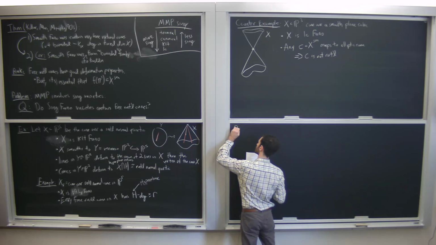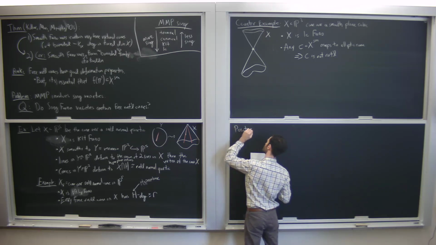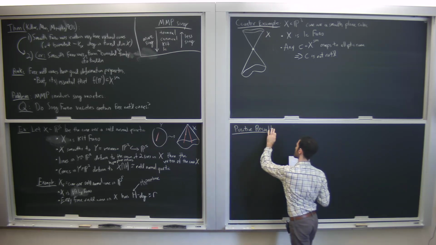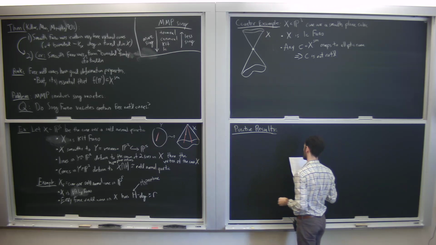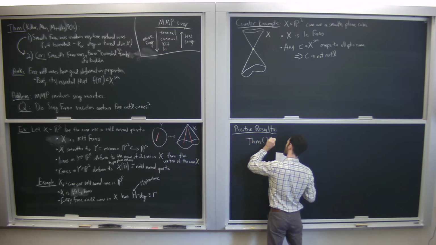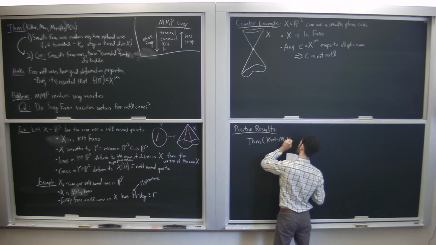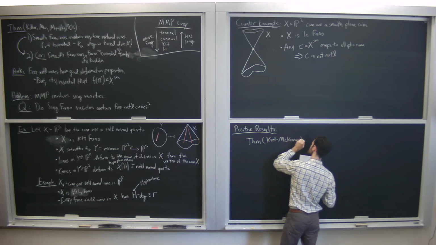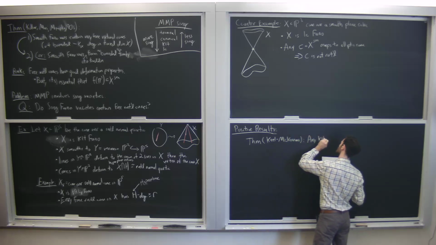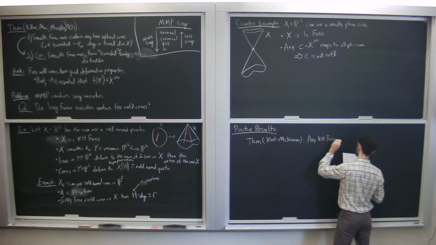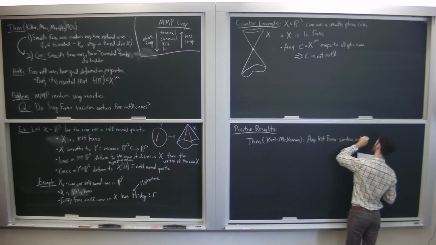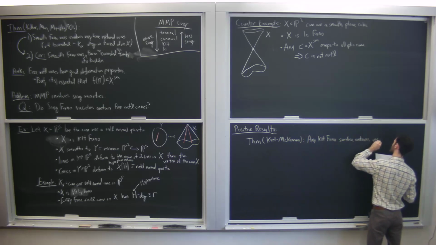Okay, so far I've described the problem to you, and let me tell you what's previously known about it. So, a landmark paper came from Keel and McKernan. They show that any KLT Fano surface contains very free rational curves.